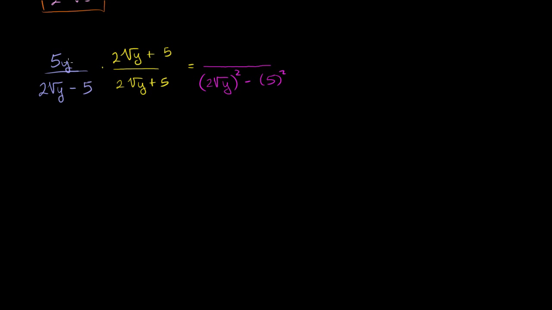And then our numerator is 5y times 2 square roots of y. So it would be 10, and this is y to the first power. This is y to the half power. We could write 10y square roots of y. Or we could write this as y to the 3/2 power, or 1½ power, however you want to view it. And then finally, 5y times 5 is plus 25y.